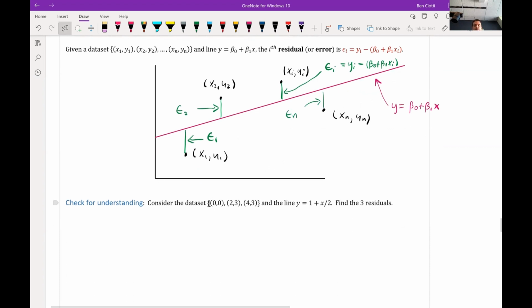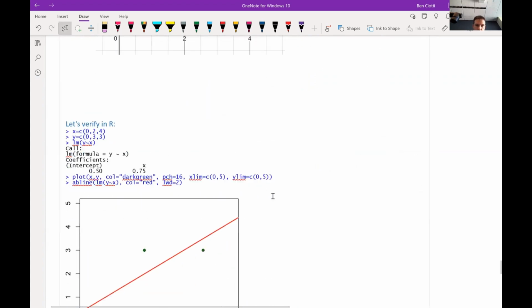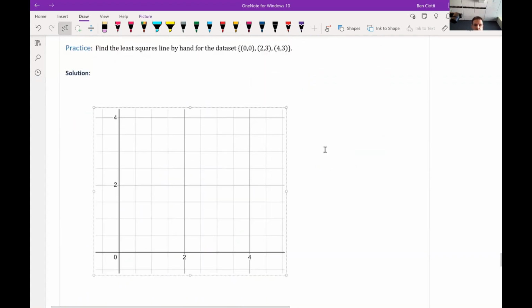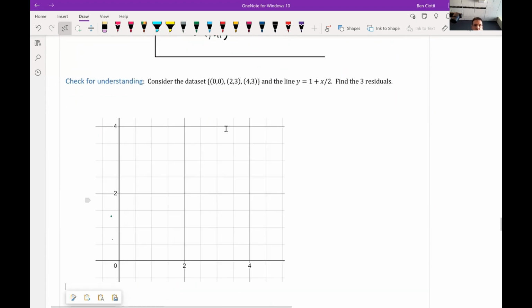Okay, so just to make sure you understand what these residuals are, suppose our data set consisted of the points 0, 0, 2, 3, 4, 3. Here's the point 0, 0.